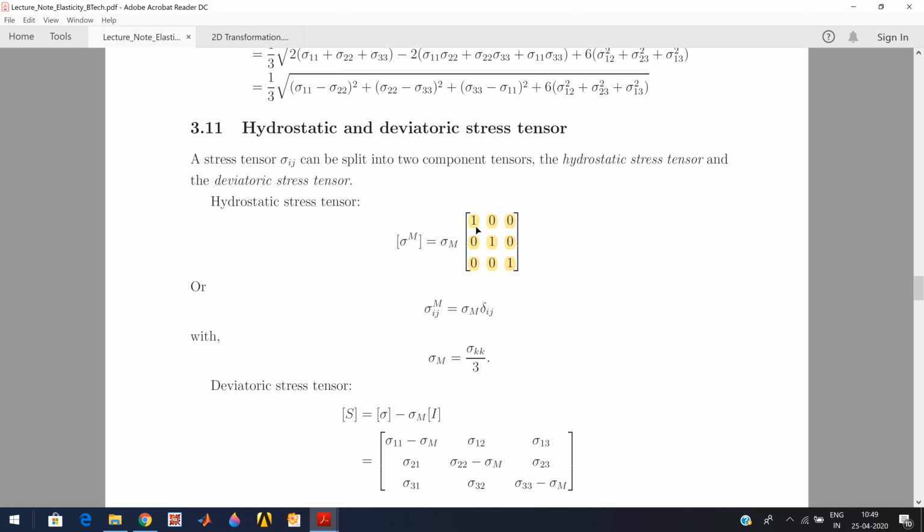That means the eigenvalues of this hydrostatic stress tensor will always be sigma m, and the eigenvector direction will be all possible directions. So if we change to any different coordinate system, the stress state will remain the same. It will be purely a hydrostatic kind of stress. So it doesn't depend on the coordinate system rotation.